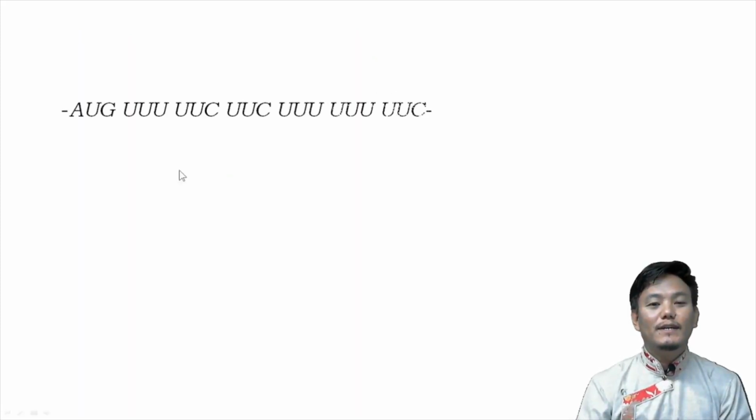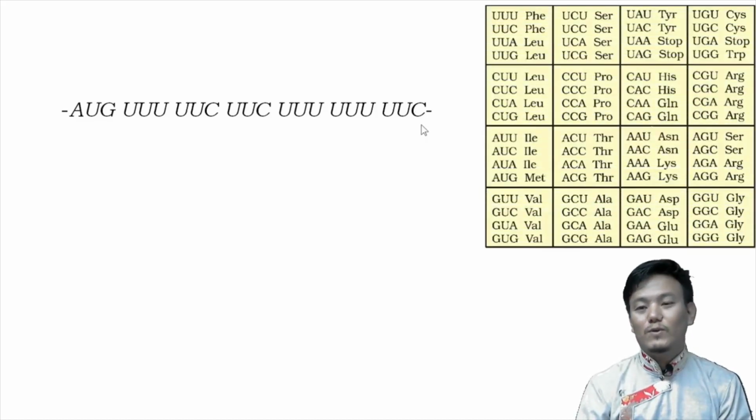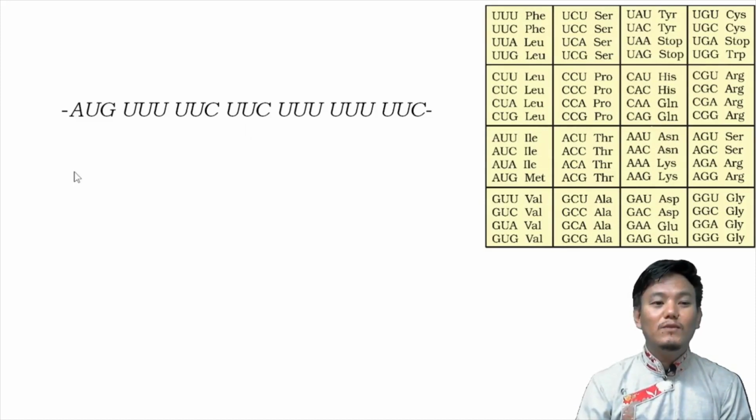Now let us try to predict the amino acid sequence produced by this mRNA sequence. We have an mRNA sequence over here with these codons AUG, UUU, UUC, UUC, and so on. By looking at this table of genetic codes, can we accurately predict the sequence of amino acids?